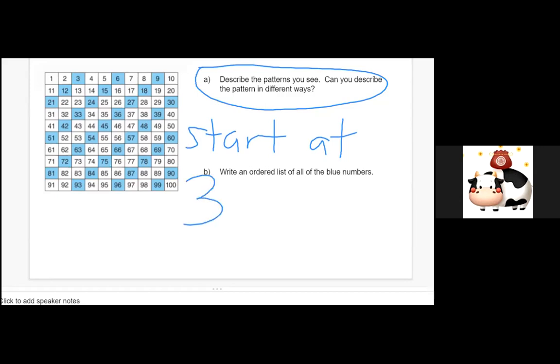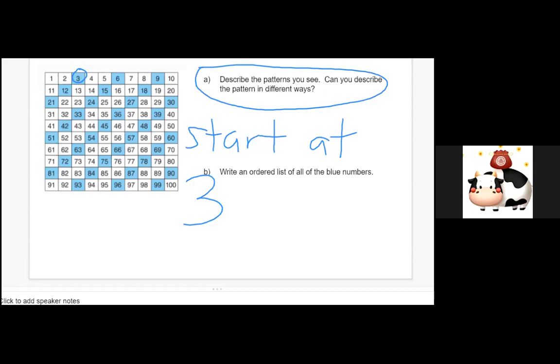Nice. So when you describe a pattern, always state where you're starting. So start at 3 and then describe in words how we get to the next blue box. What do I have to do to 3 in order to get to the next blue box, which is 6? What math operation do I do? Do I add?